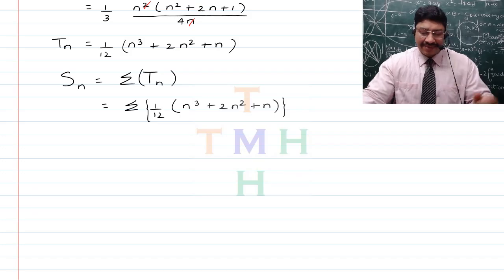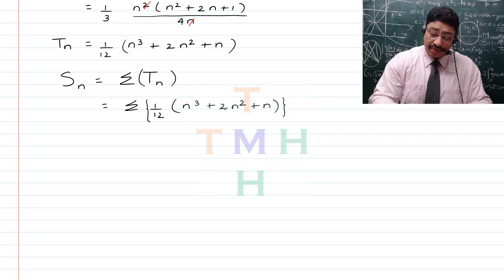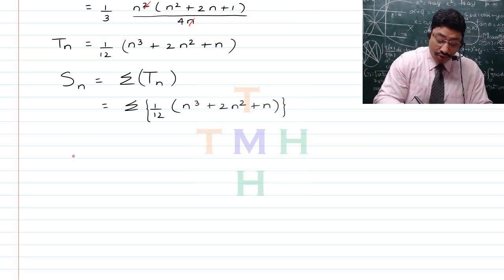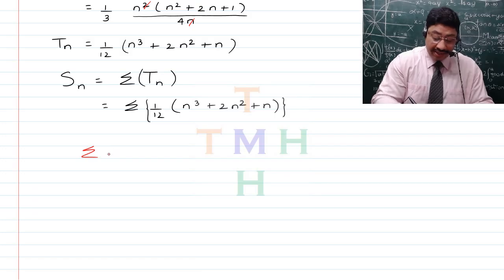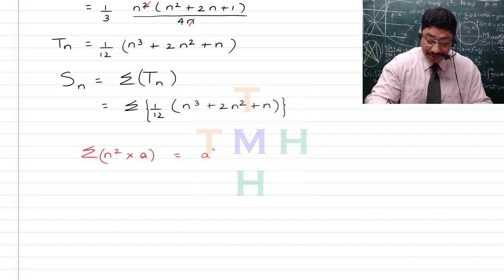Okay, now, children, here further what we do is we get to see here that we have this expression which requires to be solved. Now always remember, there is another rule that you have, that is, if you talk about, say, some sigma notation of any expression, let's say sigma n square, right? And if this n square is multiplied by a constant, then what you do is you take this constant outside, right?